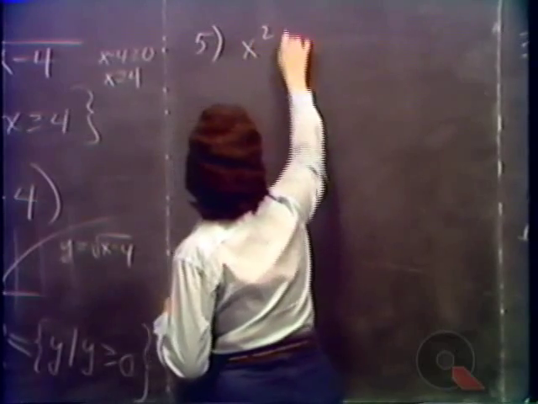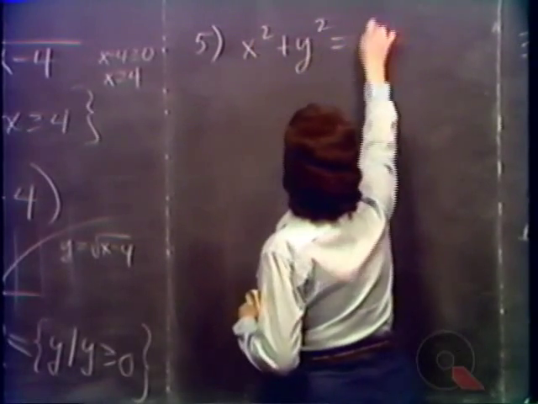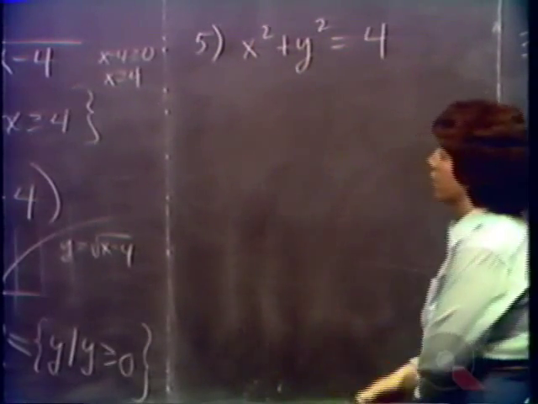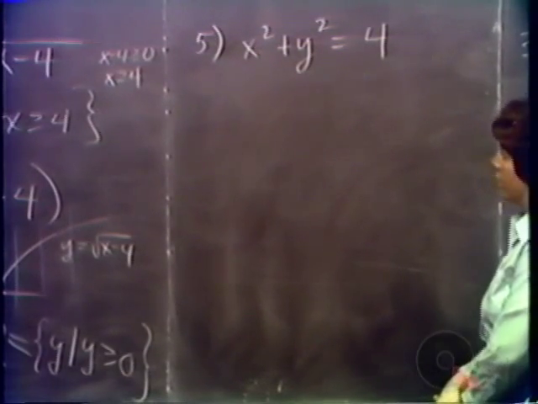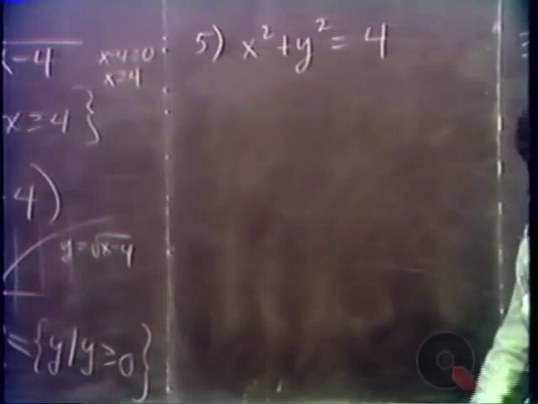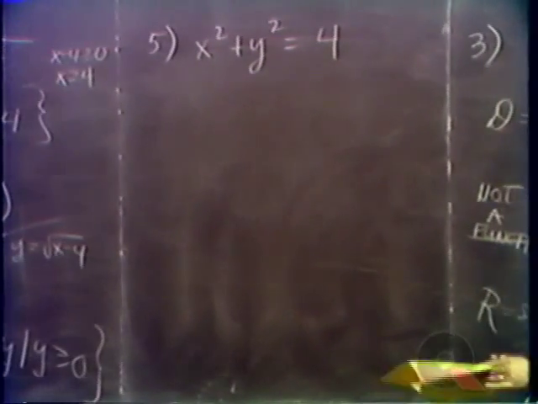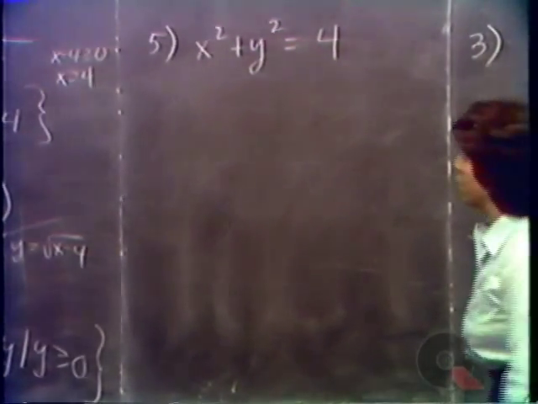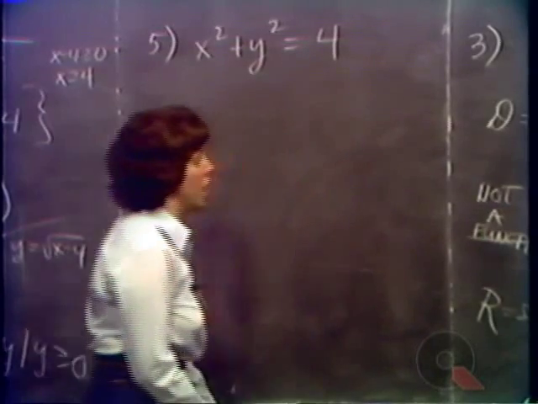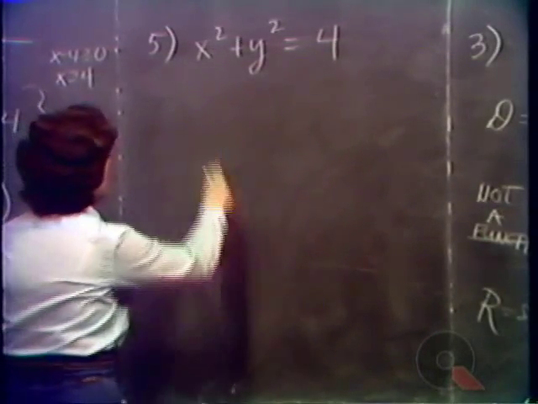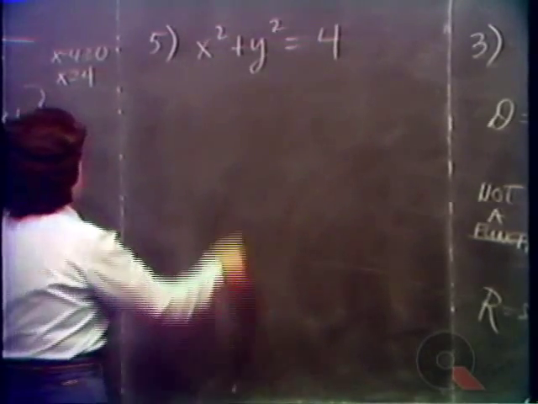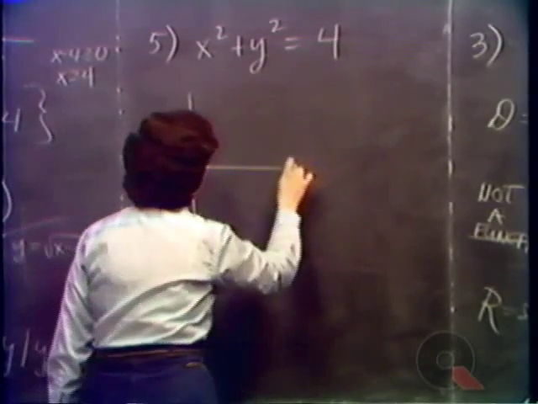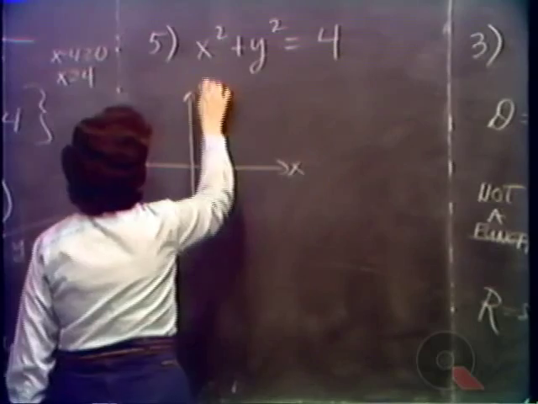x squared plus y squared equals 4. Okay, for the first time, both x and y are squared. It's not going to be a straight line or a parabola here. In this case, this could either be a circle, an ellipse, or a hyperbola, and of course this is a circle since the coefficients of x squared and y squared are the same. And it's very easy to sketch the graph here.